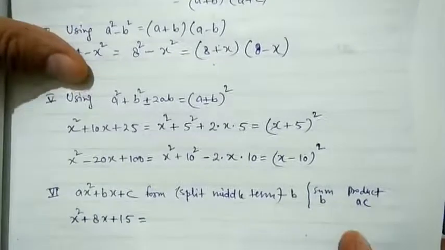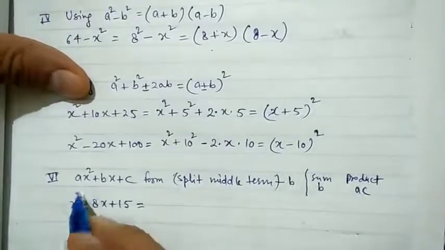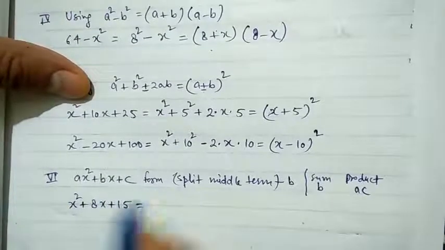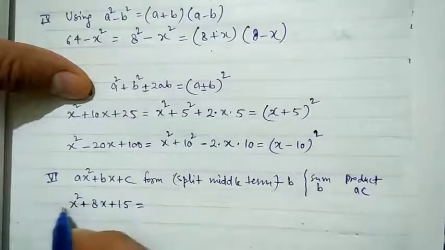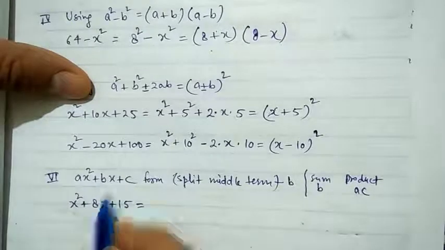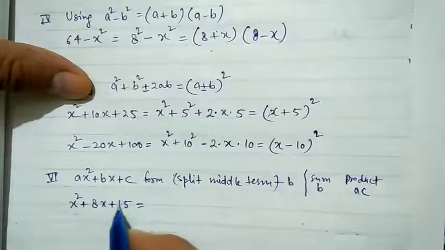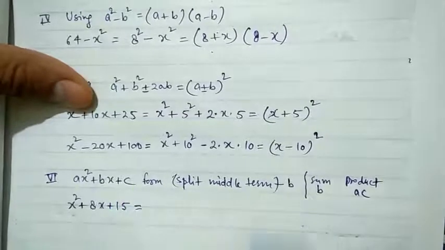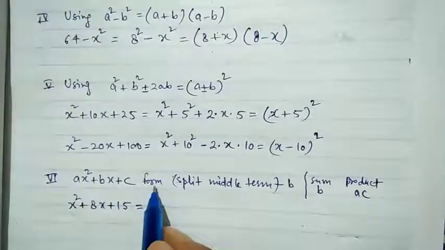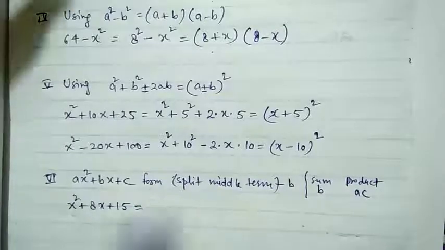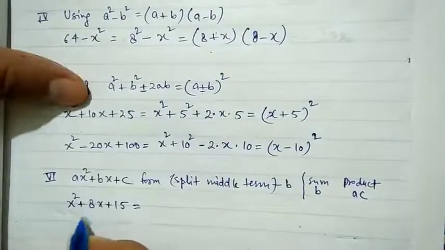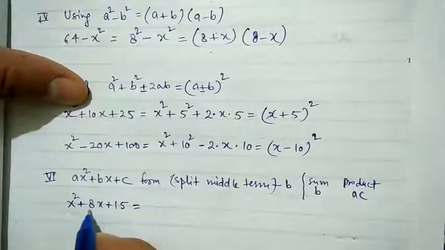Now the final form is the ax square plus bx plus c form. Here a is the coefficient of x square, b is the coefficient of x, and c is the constant term without any variable. How will we solve this form? We'll solve this by the middle term split method. Here the middle term is 8x, so 8 is the middle number.